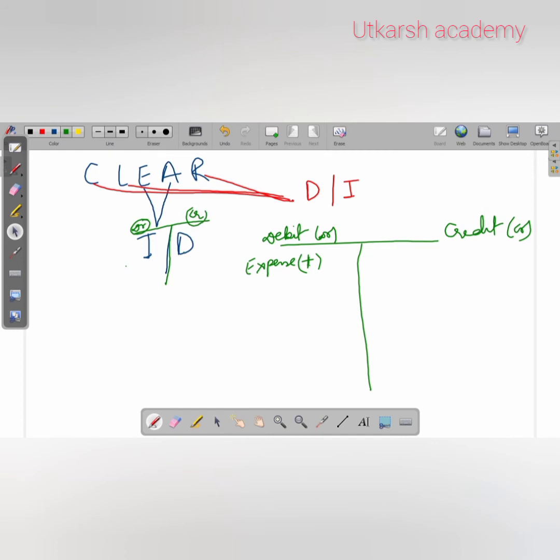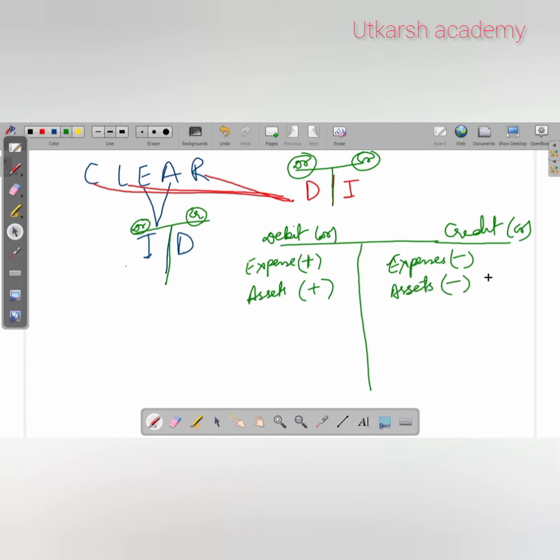In the same way you can note here also debit, credit. So if there will be increase in expense we will debit those items, and if expenses decrease, then we will credit it. In the same way assets increases we will show on the debit side, and if assets decreases we will show on the credit side.